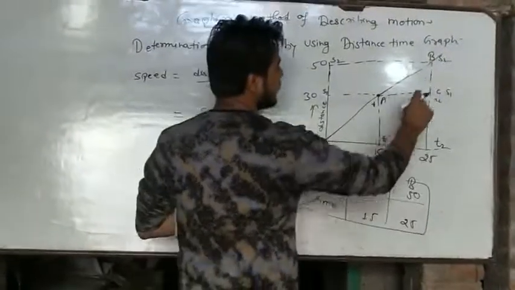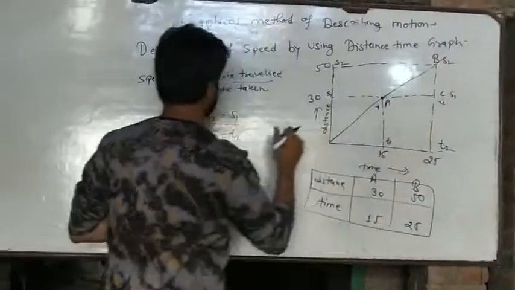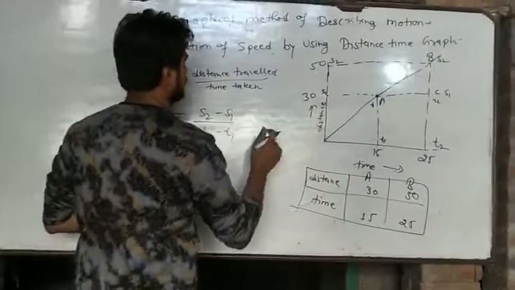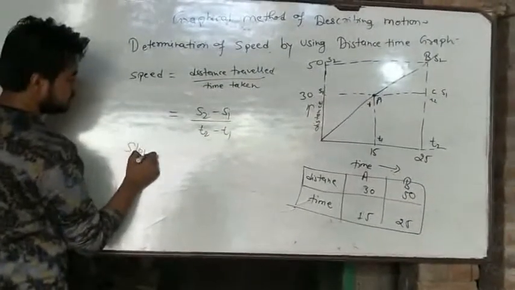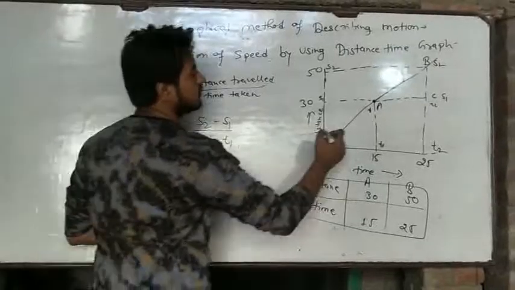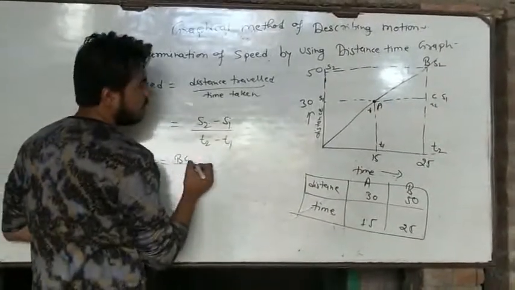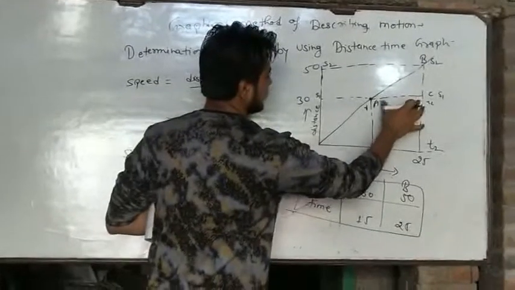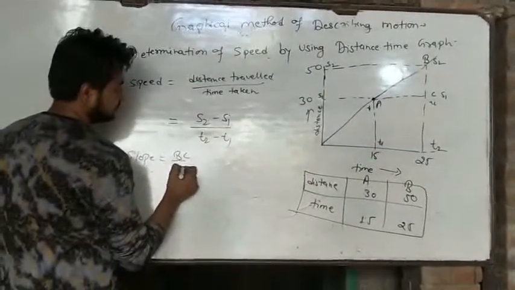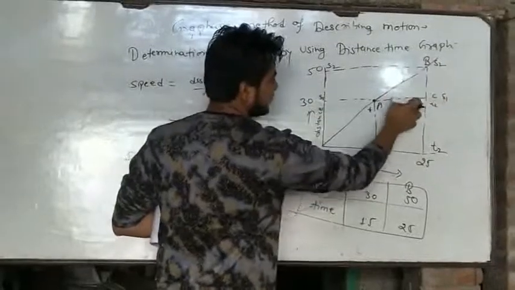So we take the difference BC. Here slope is equal to BC upon AC. This line is BC and this line is AC.